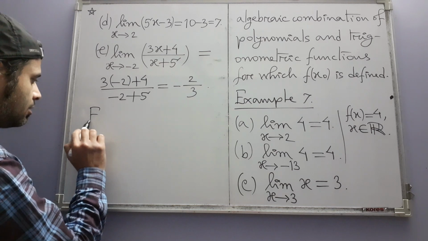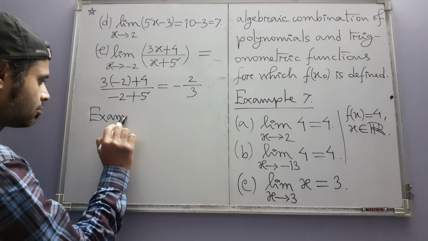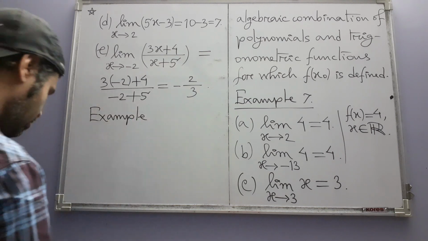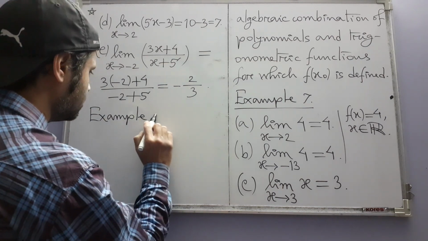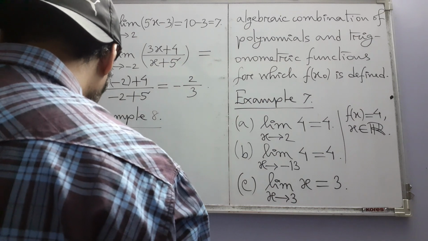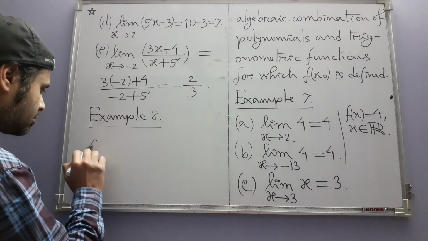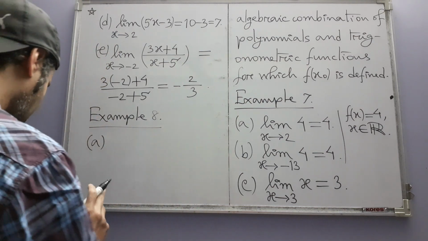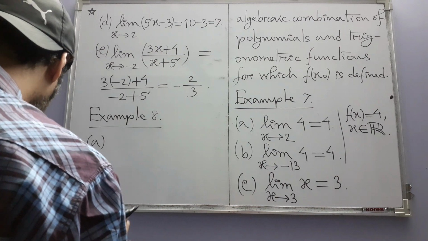And because we have seen quite a few examples, let me just complete everything. In example 8, two basic facts are being stated, which are rather easy to see why they are true.